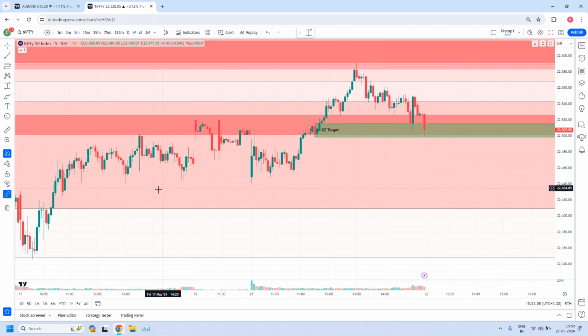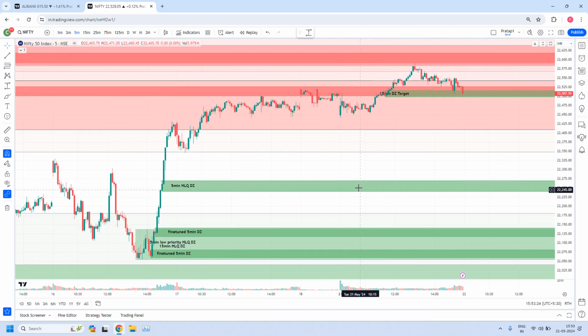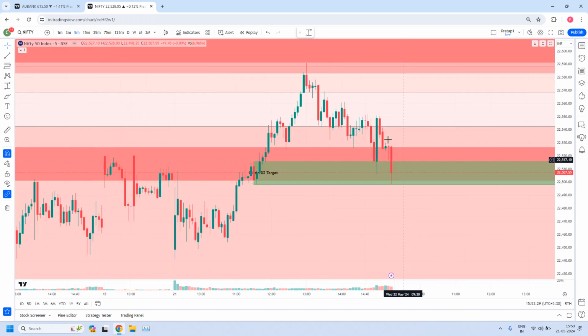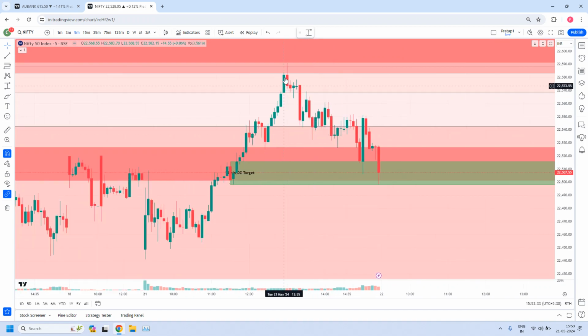Probably in this area some strong institutional order flow is there. We've been seeing rejections. Probably on the 1 minute you may see a high liquidity zone somewhere here. Maybe it is possible. Anyway, we are looking into our high liquidity zones as per the 5 minutes time frame. And a long opportunity we didn't get today, but we got a short opportunity.